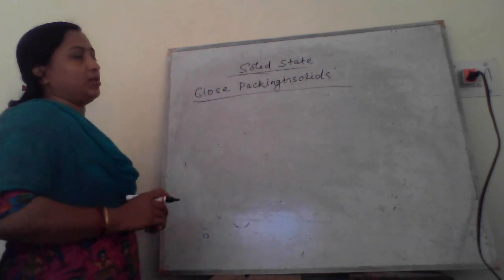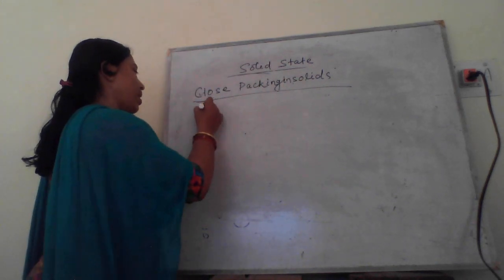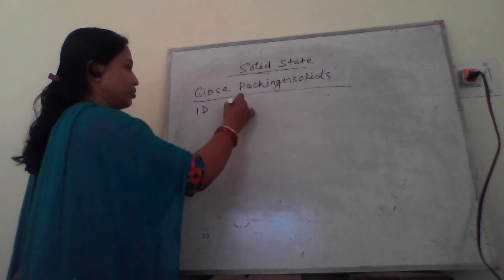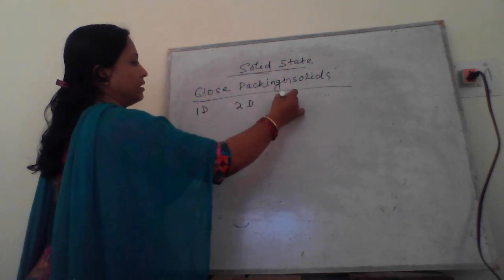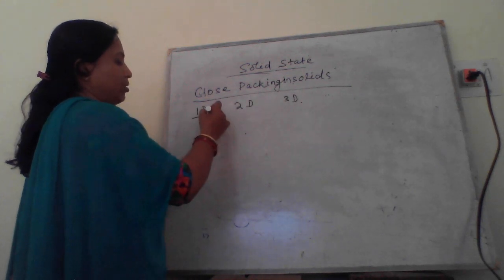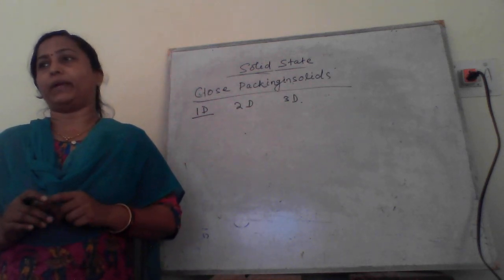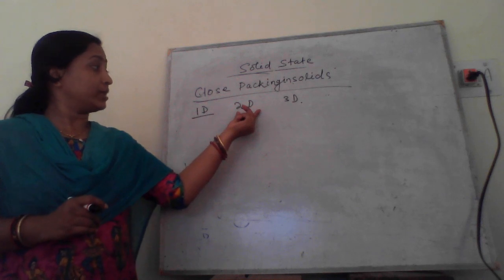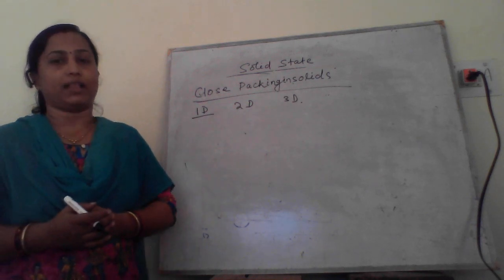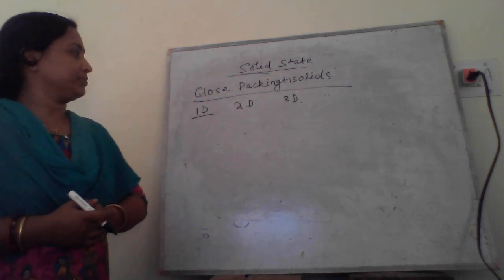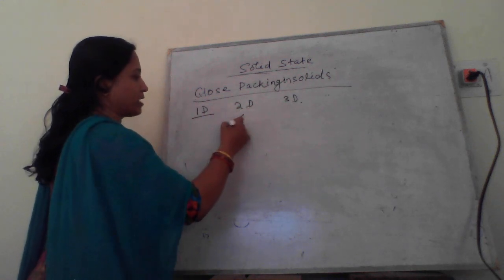So we completed the close packing in 1 dimension, in 2 dimension and in 3 dimension. So we know 1 dimensional close packing is not a better packing, but in 2 dimensional arrangement, the packing is 2 types.